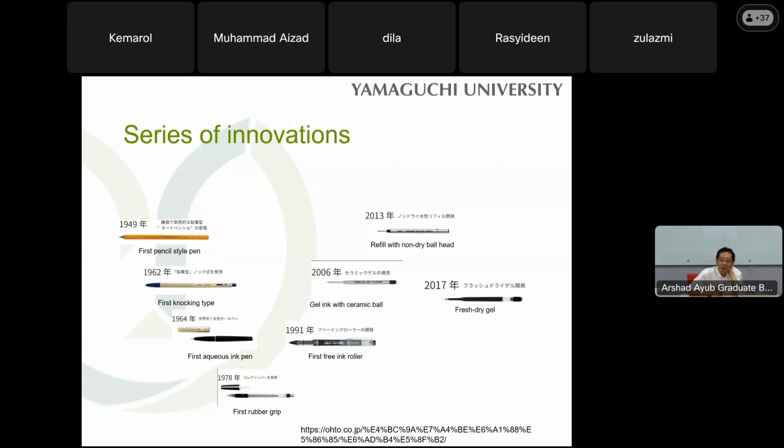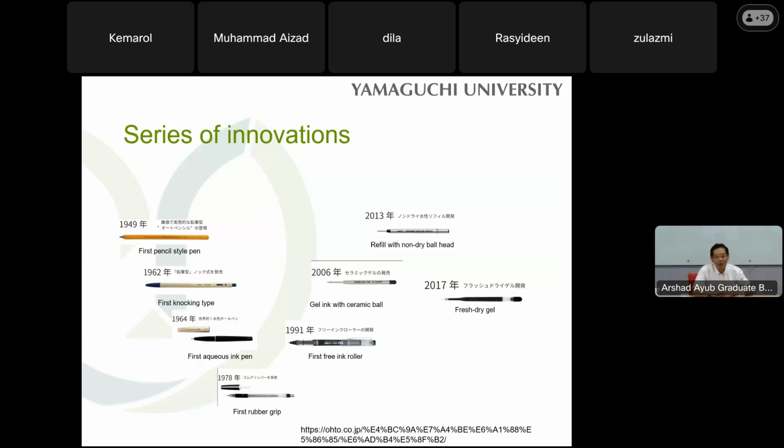This was a first for the Japanese market, having the pencil shape. This delivered a huge impact to the Japanese market. But it could never be new to the world innovation, because similar types of products were already available in the United States or in Europe.